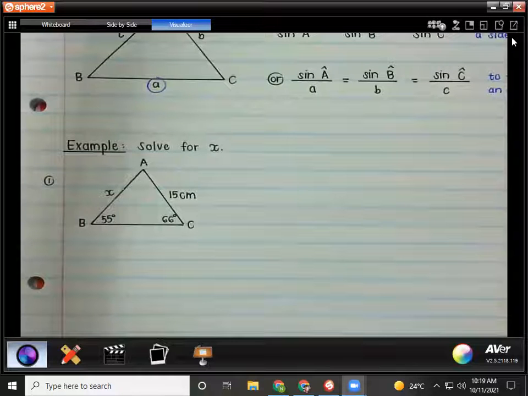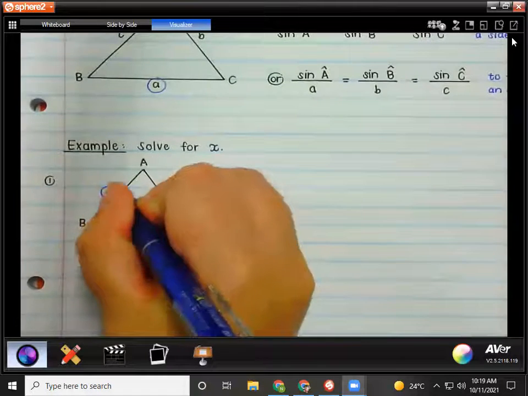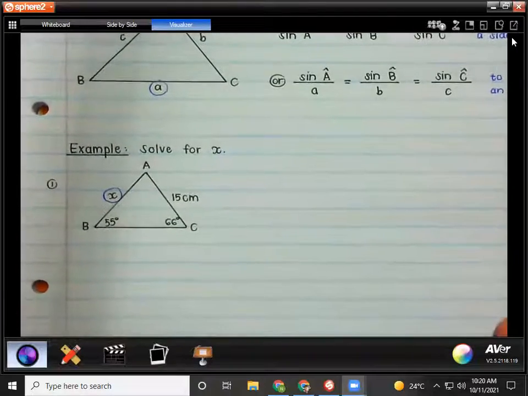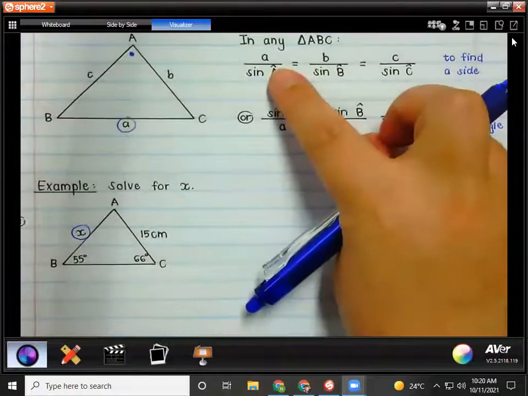But if they did, you can. Okay, guys, we want to solve for x, which is this side. So we're going to use the form of sine rule where the side is at the top.